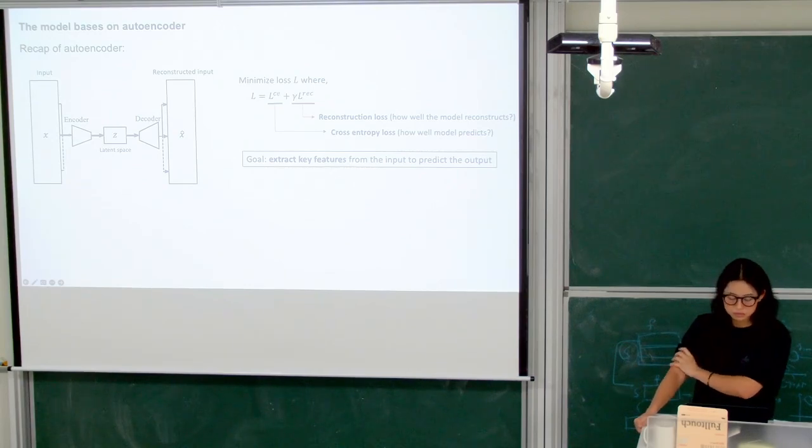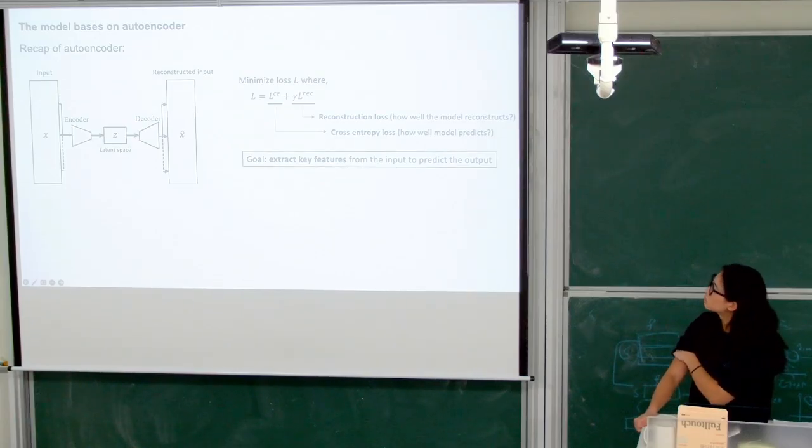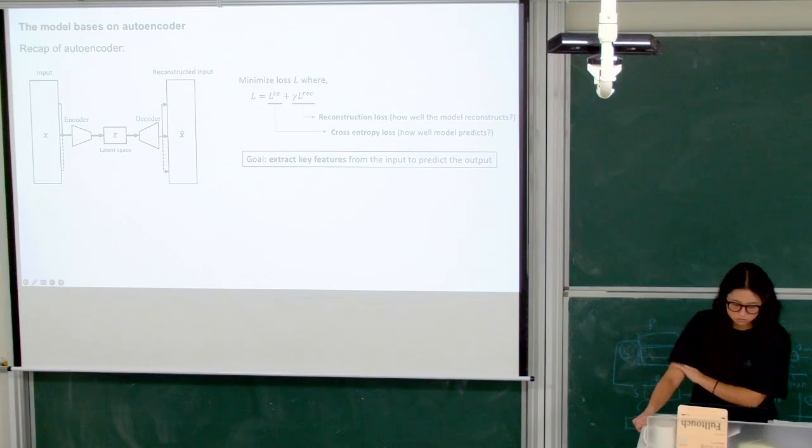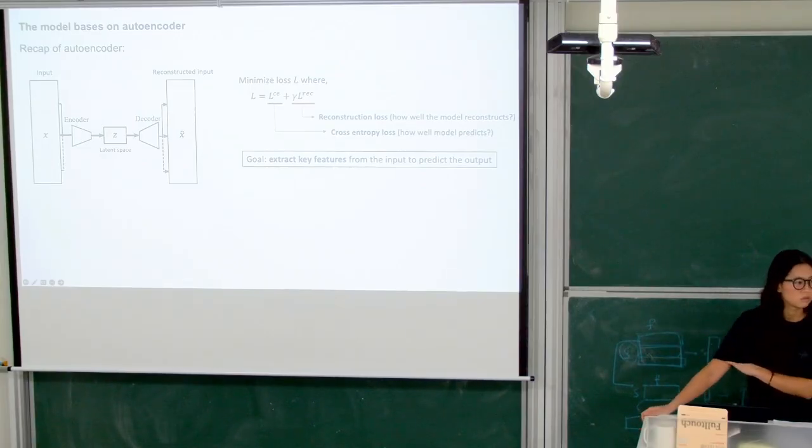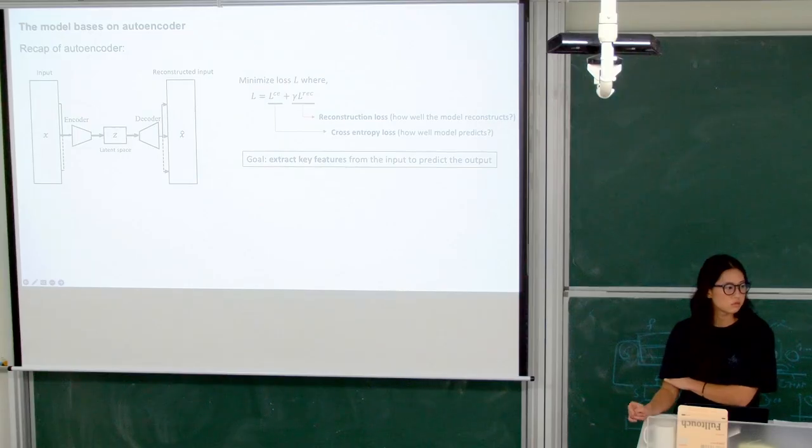So that's why the total loss is the summation of LC, which is the cross-entropy loss, mainly used for the classification, and the reconstruction error, which is for the autoencoder to reconstruct the original input from the latent space. That's why we have that. So then the autoencoder structure changes depending on the target we want to predict.